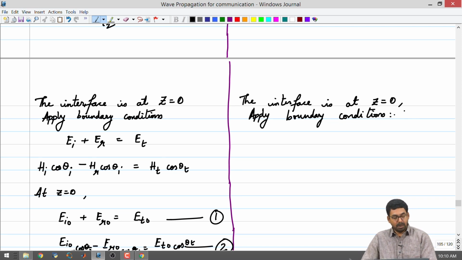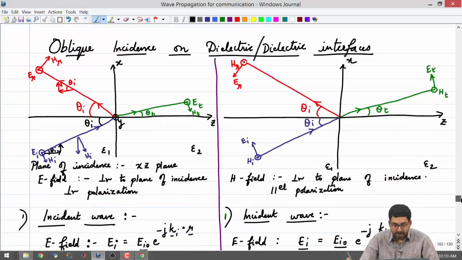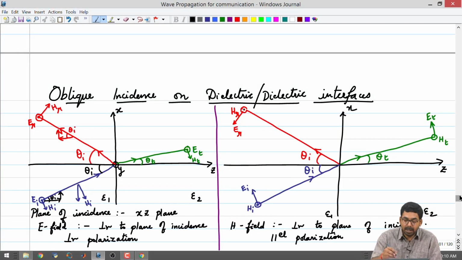And apply boundary conditions. Previously, we had the electric field pointing out of this plane, which means that the entire electric field was tangential to the interface. So, we had written Ei plus Er is equal to Et. Now, we have to be a little careful because E is not pointing out of the plane. So, that means that we have to take the component of Ei which is tangential to the interface, and then apply the boundary condition, which is that the tangential E field is going to be continuous.